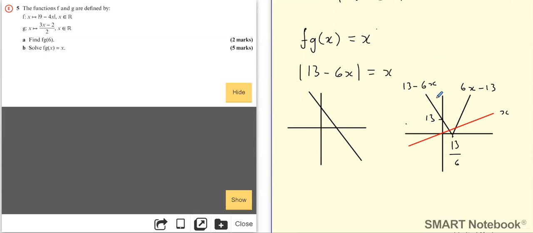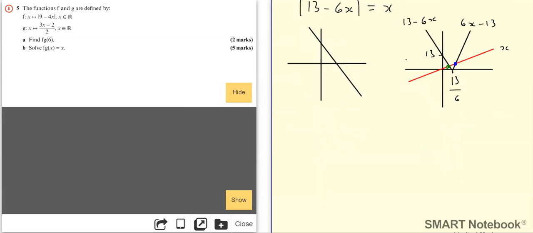Now to solve that, we know that there are two intersections, one here and another one here, and we can make the relevant parts of the curve equal to each other at this stage. 13 minus 6x equals x. Yeah, 13 equals 7x. x equals 13 over 7.